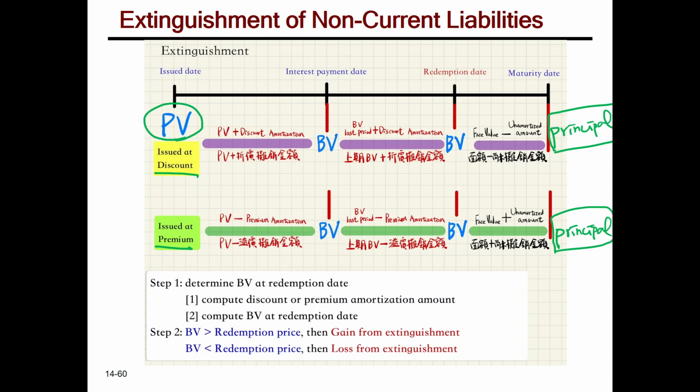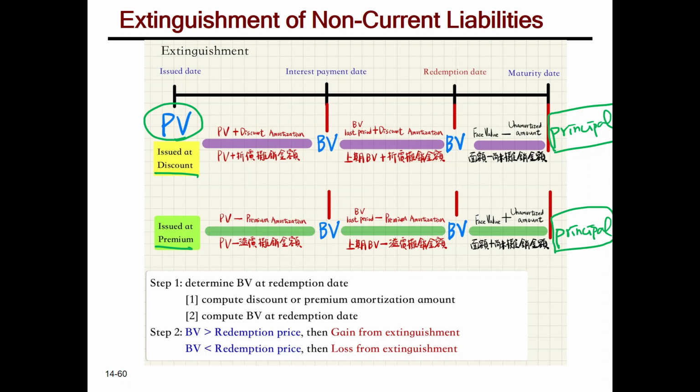Okay? So each period you have to do this kind of adjustment. So discount you have to increase to principal. Premium you have to decrease to principal. So don't forget, you have to do discount, premium, amortization each period in order to find out the book value.